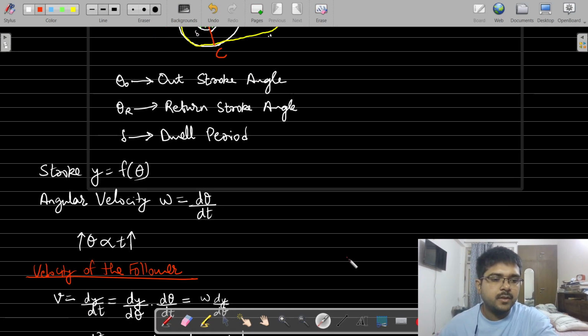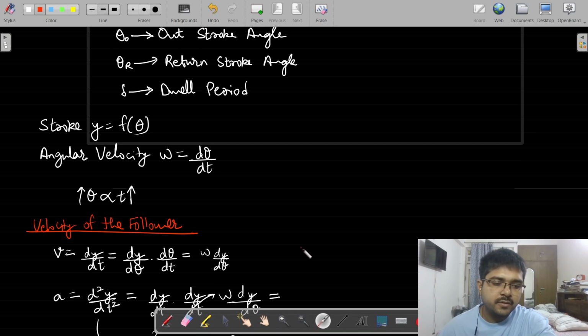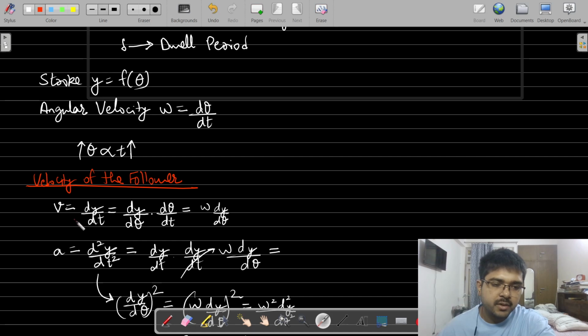Now angular velocity omega is equal to d theta by dt, that we all know, and theta is proportional to time. So as time increases, theta also increases. Now what is the velocity of the follower? Velocity is simply given by dy by dt.